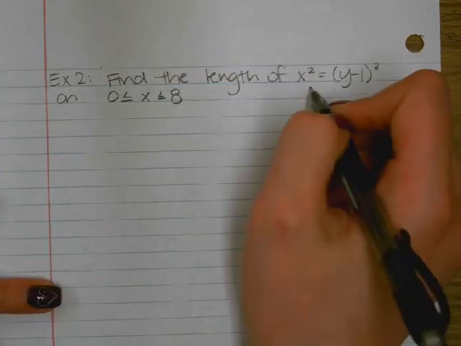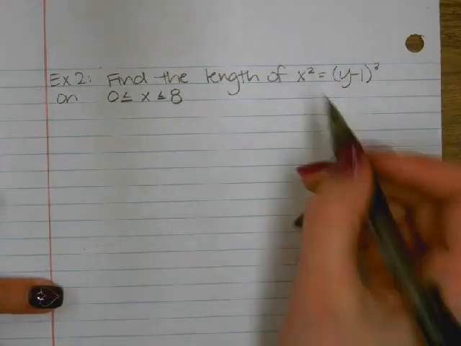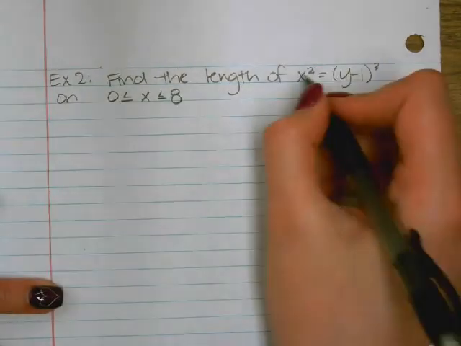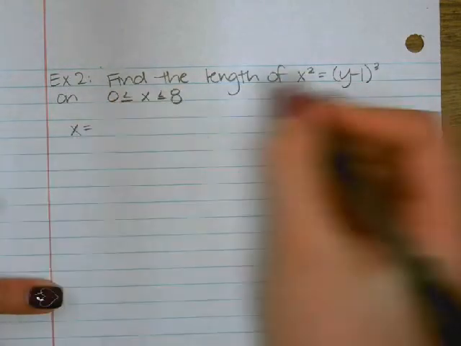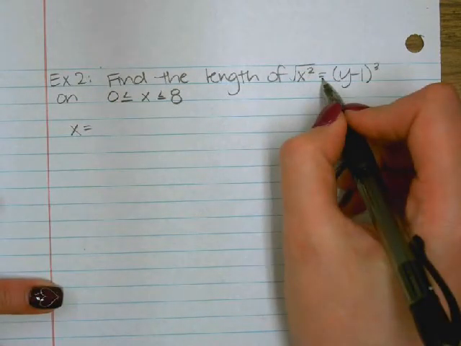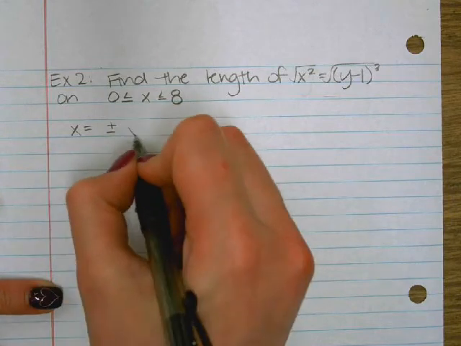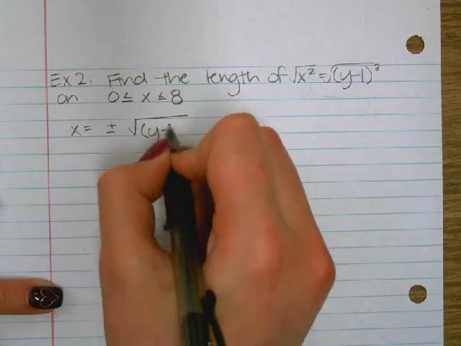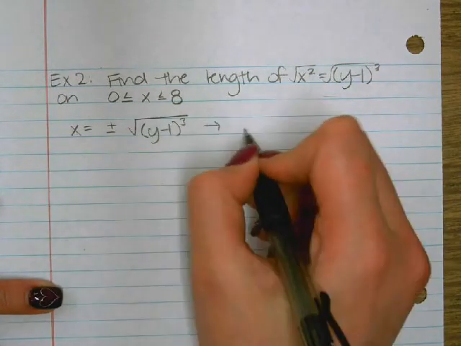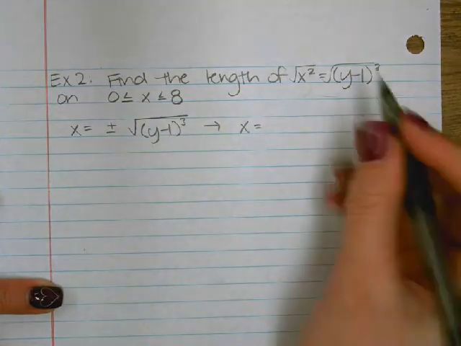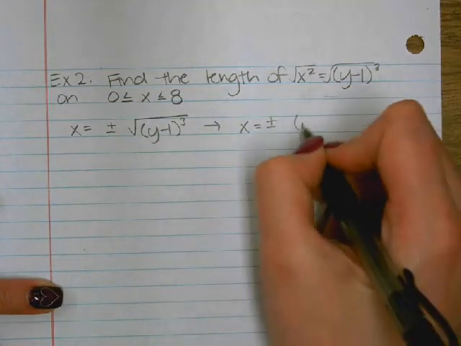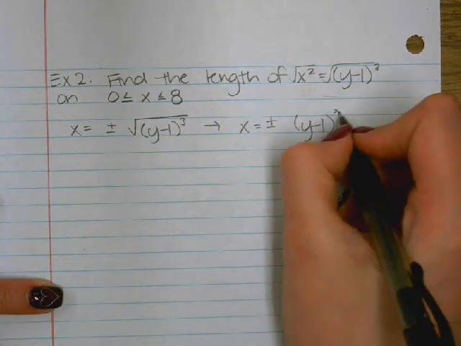So for this one, first I'm going to go ahead and take my equation and solve for x. So x equals plus or minus square root of y minus 1 cubed. And another way to think of that is plus or minus y minus 1 to the 3 halves.